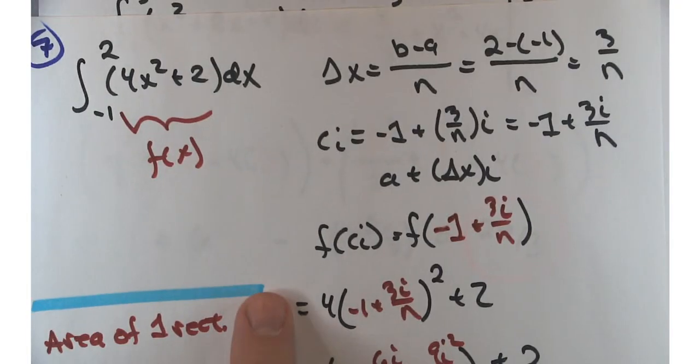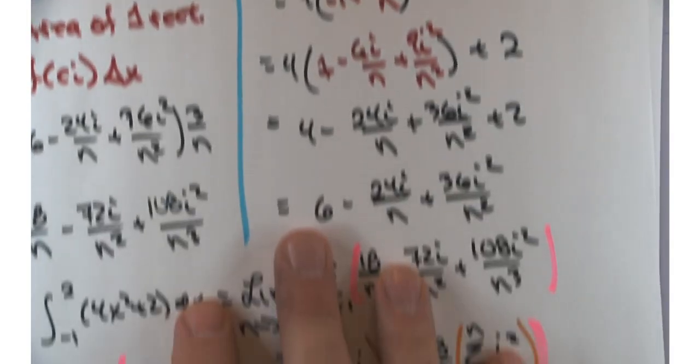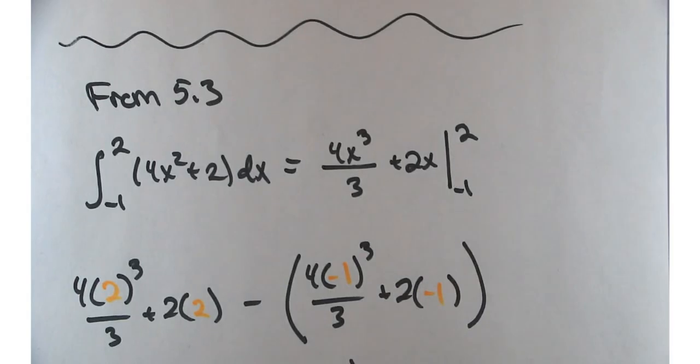Take a look at the way we did it in section 5.2. The fundamental theorem of calculus gives us a way to calculate our definite integrals. It's a much more efficient way, provided we can get an antiderivative.